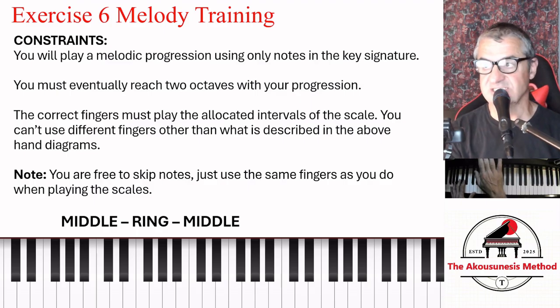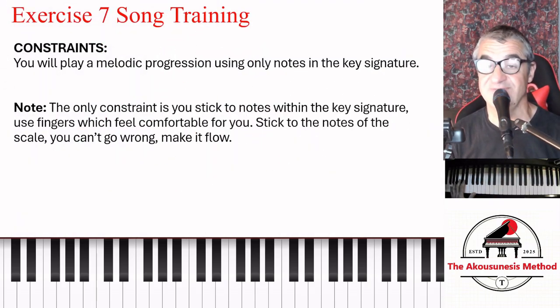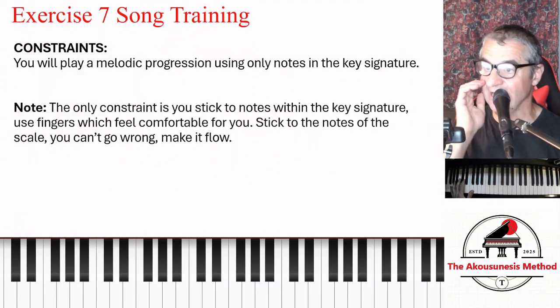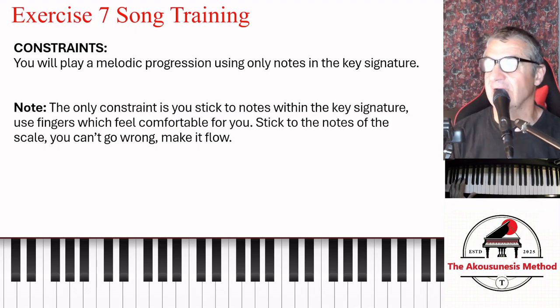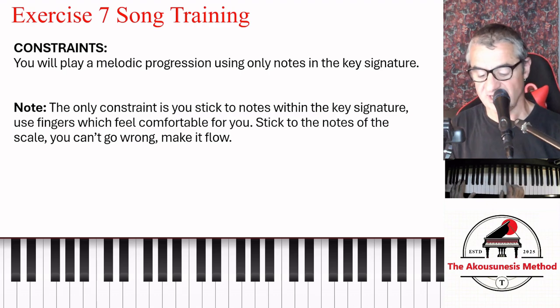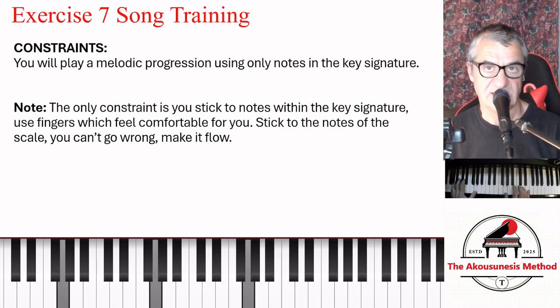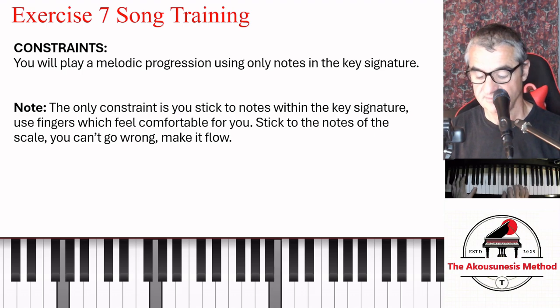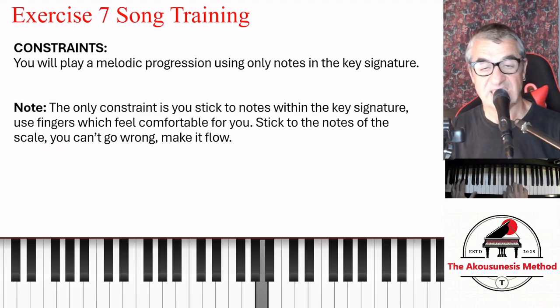Now with the next exercise, we're going to free up the constraint even more. The only constraint we have here is that you're going to play a melodic progression using notes within the key signature. You can do anything with your right hand, as long as you stick in the key signature. And you can play this G. You can either hold it down, or you can bring it in any time.